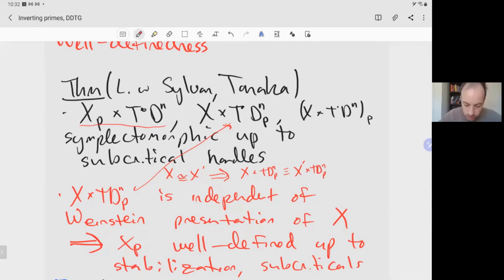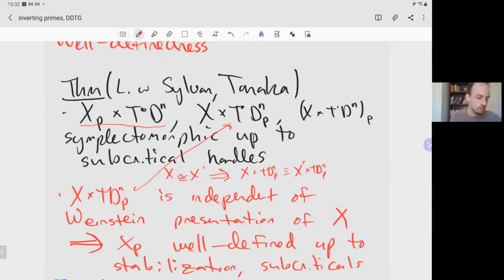Since all three are the same up to subcritical handles, this implies that X_P is well-defined up to stabilization and subcritical handles. So it reduces to proving this statement.